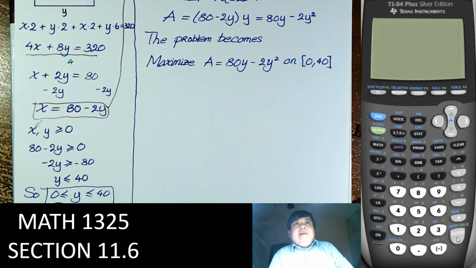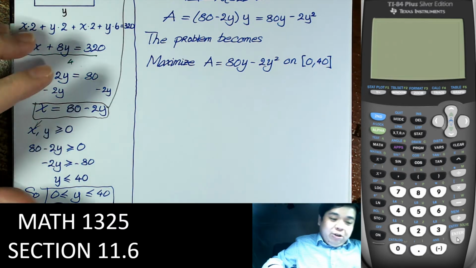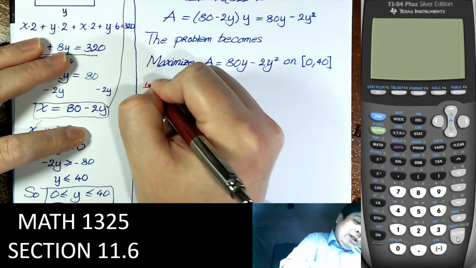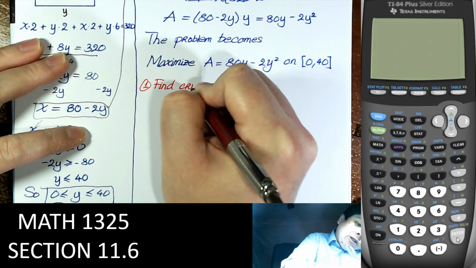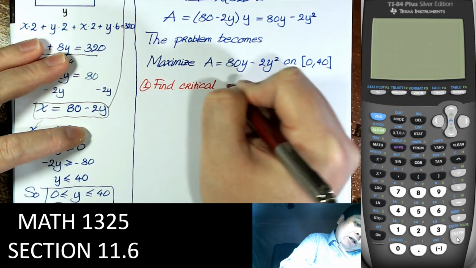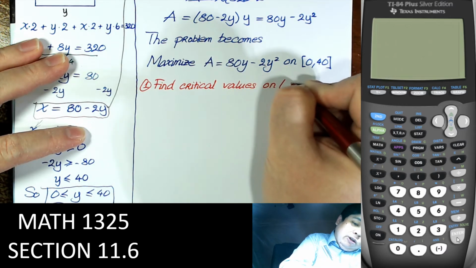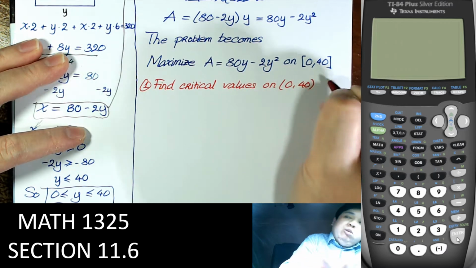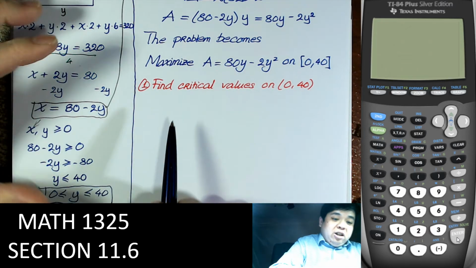Of course, the rest is simple. Find critical values on the interval. It doesn't have to be closed here because we're going to check the boundary later, and it depends on what we have here first.